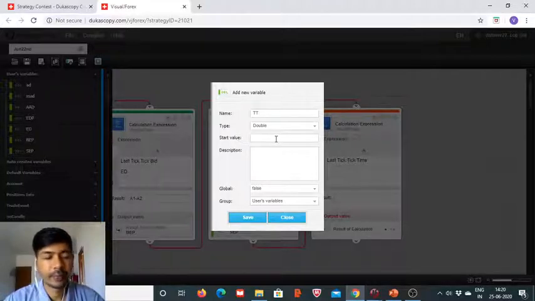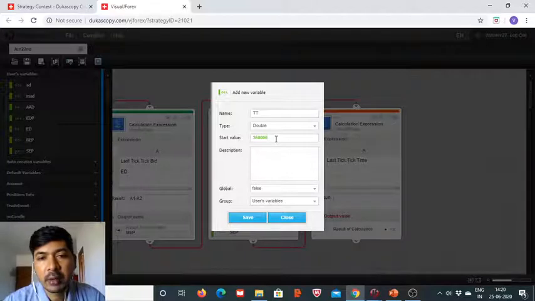ticks, and here this will be 3.6 million. I hope I have got the number right. Yes, it is most probably.